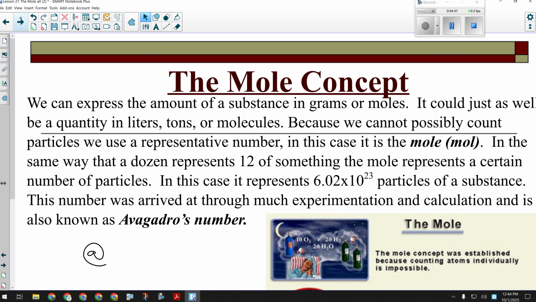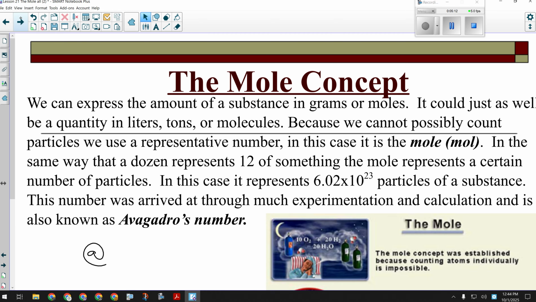He wanted to have some unit of measurement, like a dozen, that worked for numbers of particles. So he used the simplest element to calculate this number. He said, I want to calculate the number of hydrogen atoms in 1 gram of hydrogen. That's going to be my magic number for everything from there.